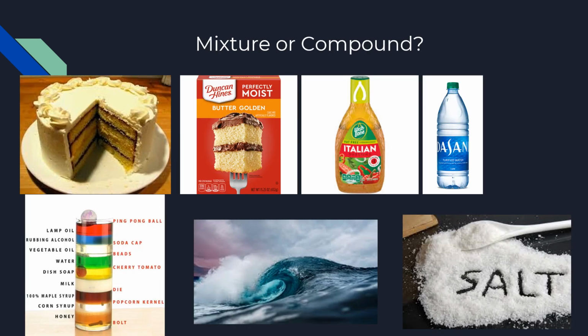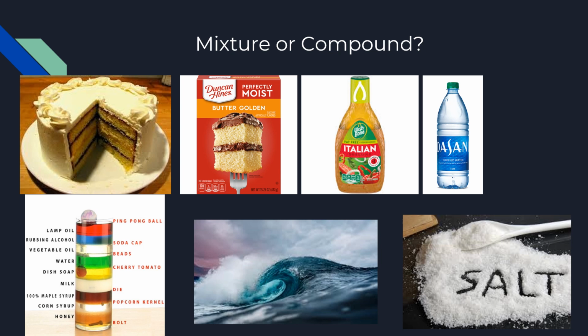All right, so here we have some interesting options or varieties of mixtures versus compounds. Which one's which? So we have a cake, we have cake mix, we have Italian dressing, water in a bottle.